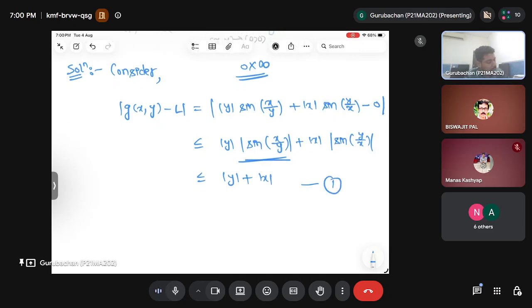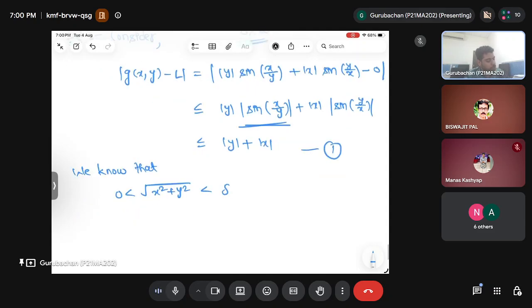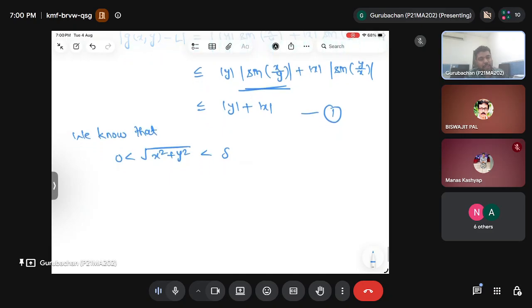Again with the same criteria, we know that 0 is less than under root x square plus y square is less than delta, and you know that this is nothing but less than under root x square plus y square. So this will be 2 times under root x square plus y square. Now what will you choose for your delta again? Epsilon by 2.